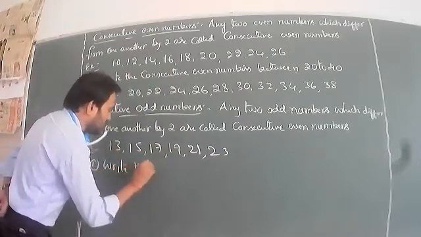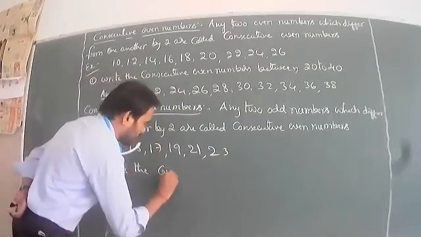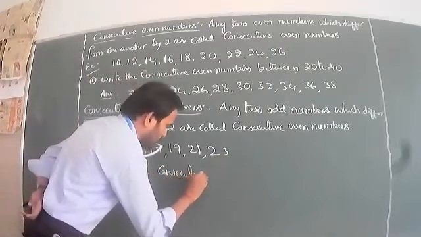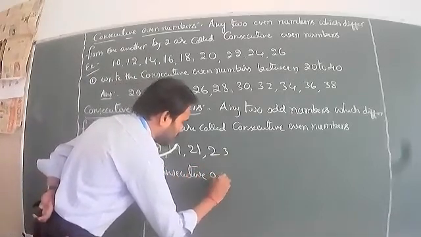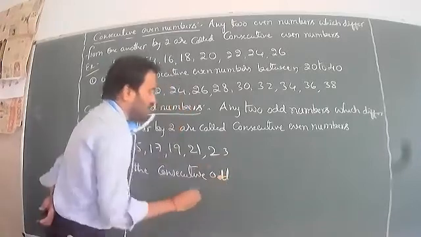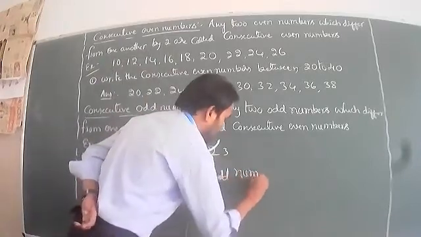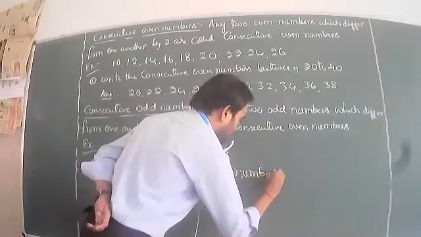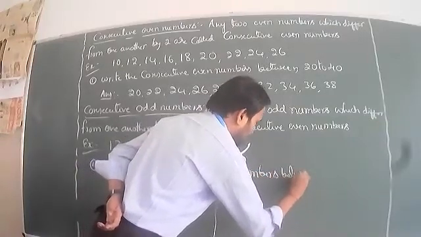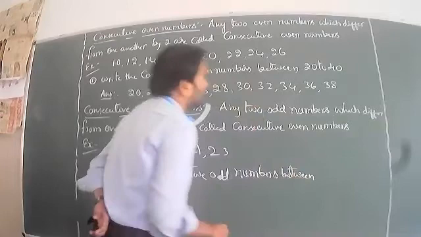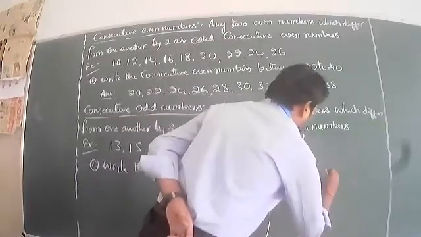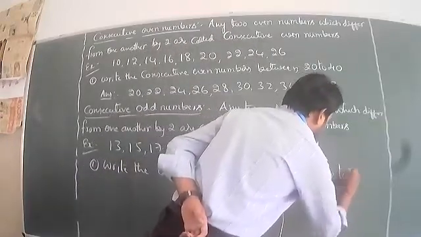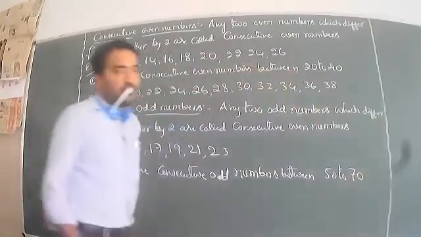Write the consecutive odd numbers between 50 and 70.